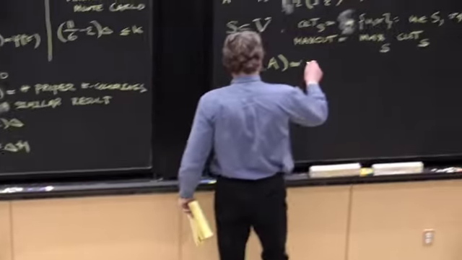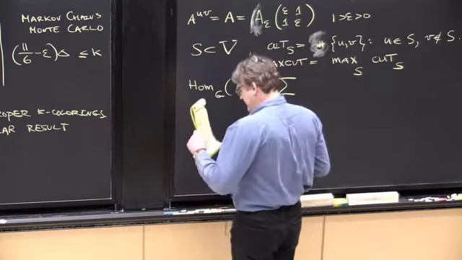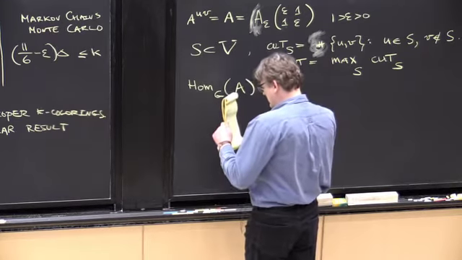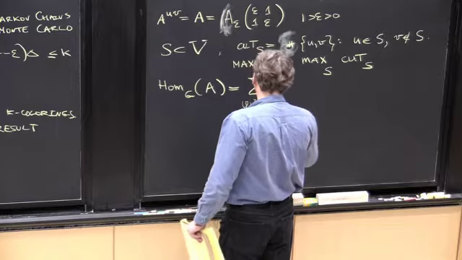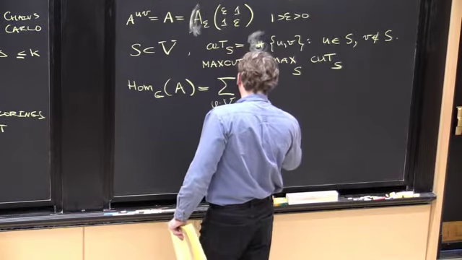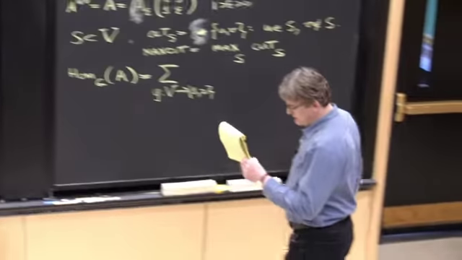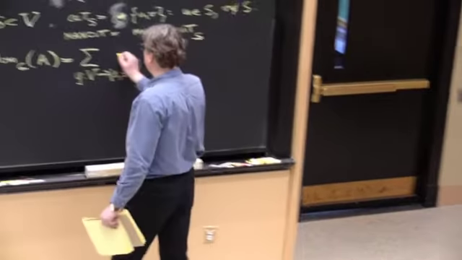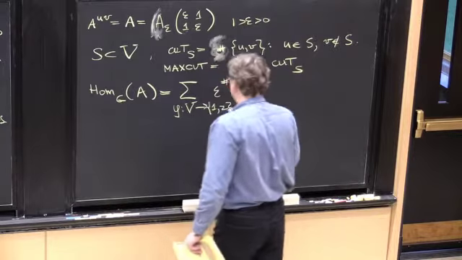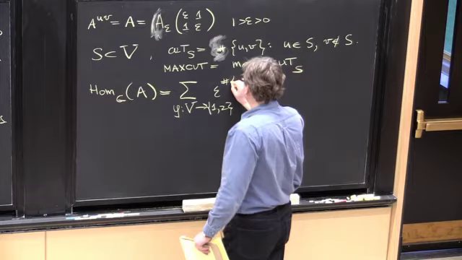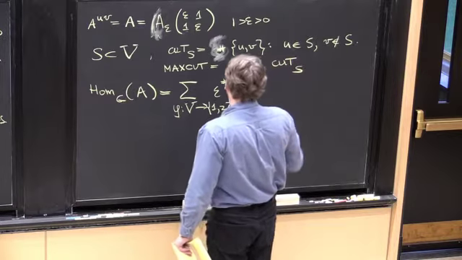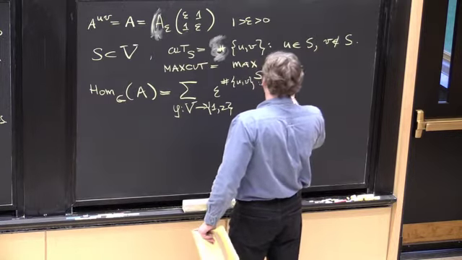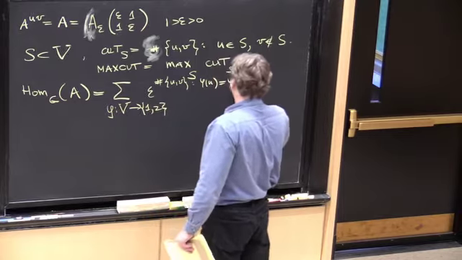So it's the sum over all maps, we color in 2 colors, and we get epsilon to the number of edges where the colorings are the same.